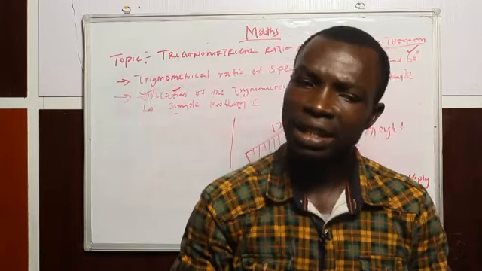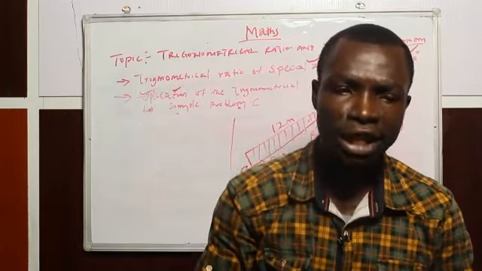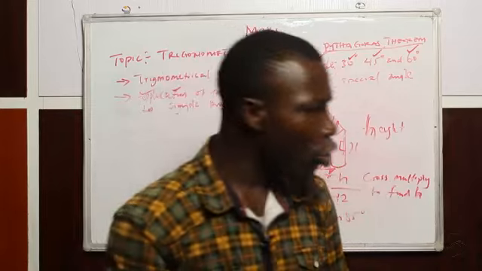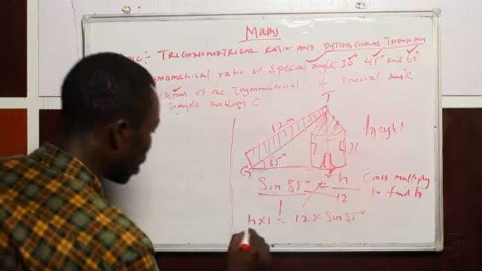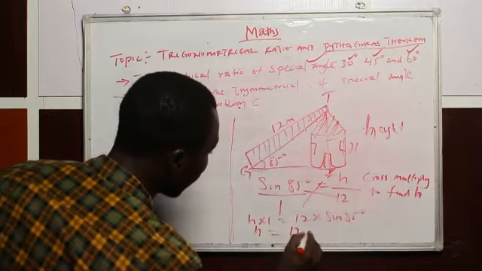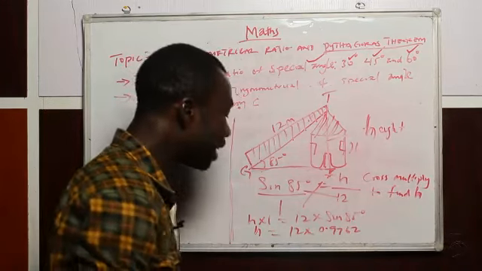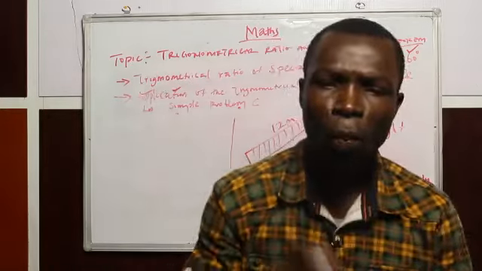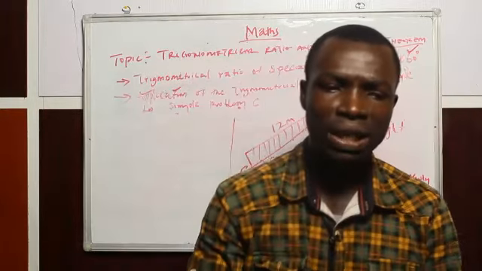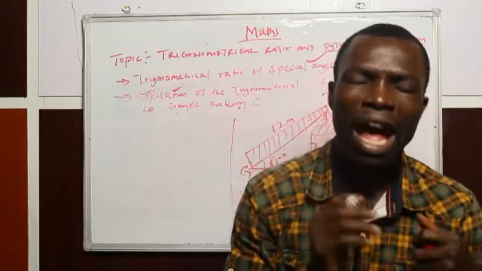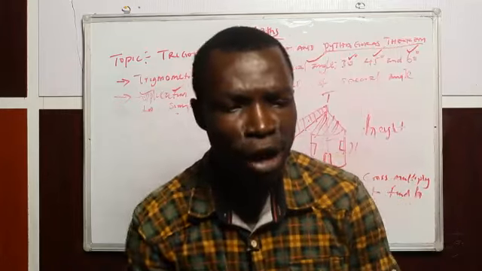What is sine 85 degrees? Sine 85 degrees is 0.9962. So h is equal to 12 times 0.9962. 12 times 0.9962 will give us the height, which is equal to 11.9544.